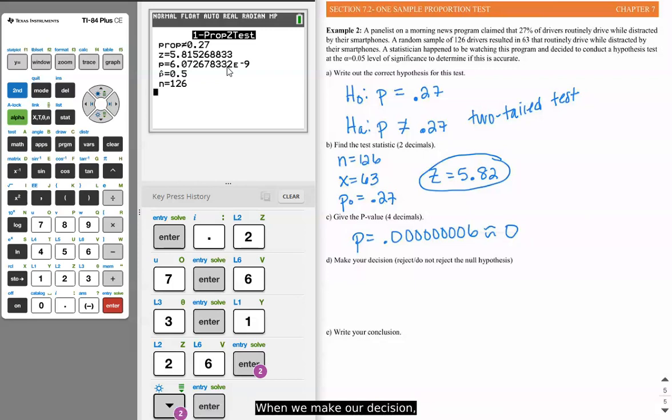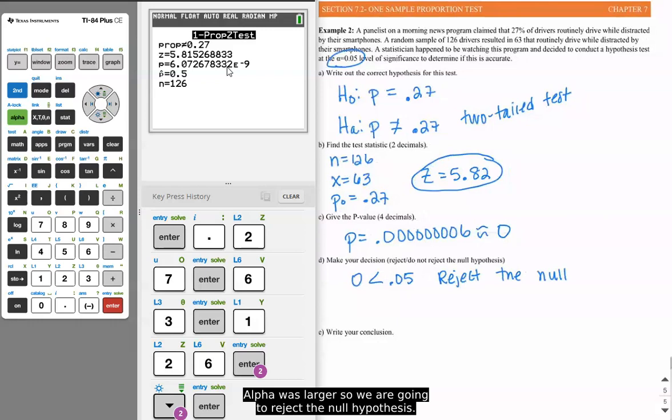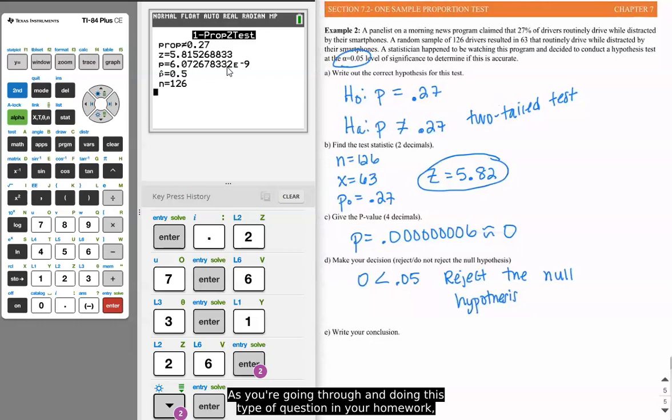So when we make our decision, we're going to compare our p-value with our alpha. Our alpha was 0.05. So alpha was larger, so we are going to reject the null hypothesis, okay?